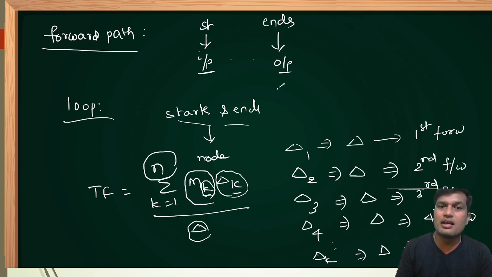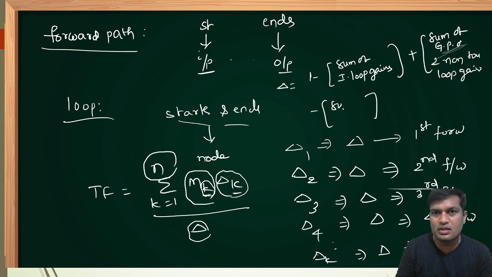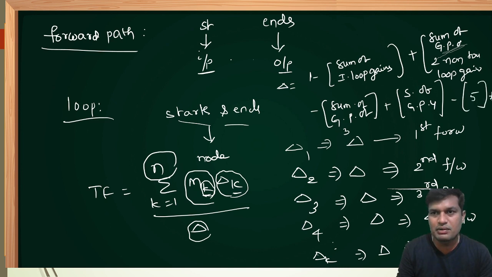And how to determine Del? Del is determined as 1 minus the sum of individual loop gains, or simply the sum of loop gains, plus the sum of gain products of two non-touching loop gains, next minus the sum of gain products of three non-touching loop gains, plus the sum of gain products of four non-touching loops, minus the sum of gain products of five non-touching loops, plus and so on.